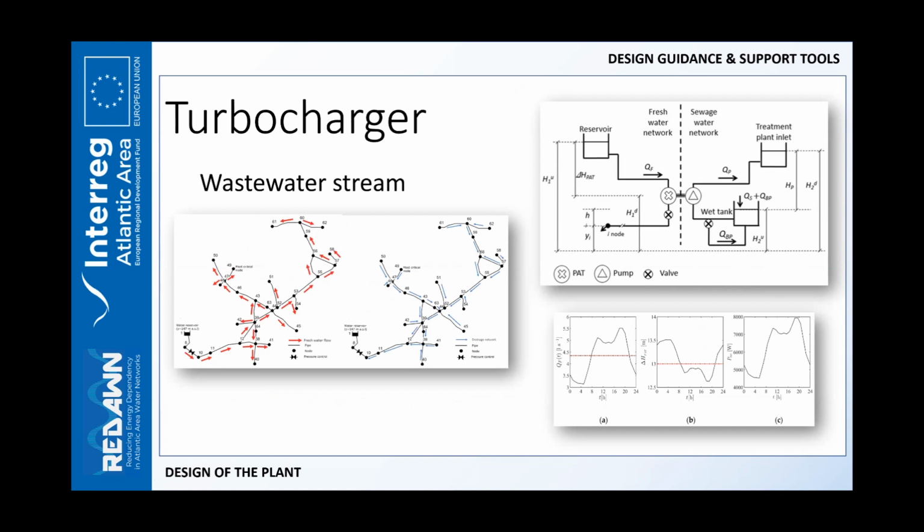I mean, the available energy in the freshwater network is used to feed the pump, to pump wastewater from a lower tank to a treatment plant or what else. And here you can see that we use the same equation as before to predict the pumped discharge, the pumping head, and the power we use to do that.